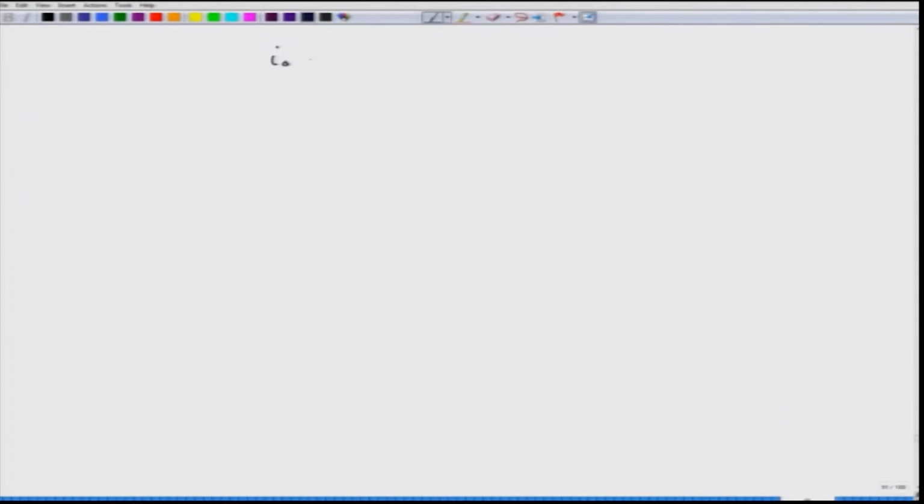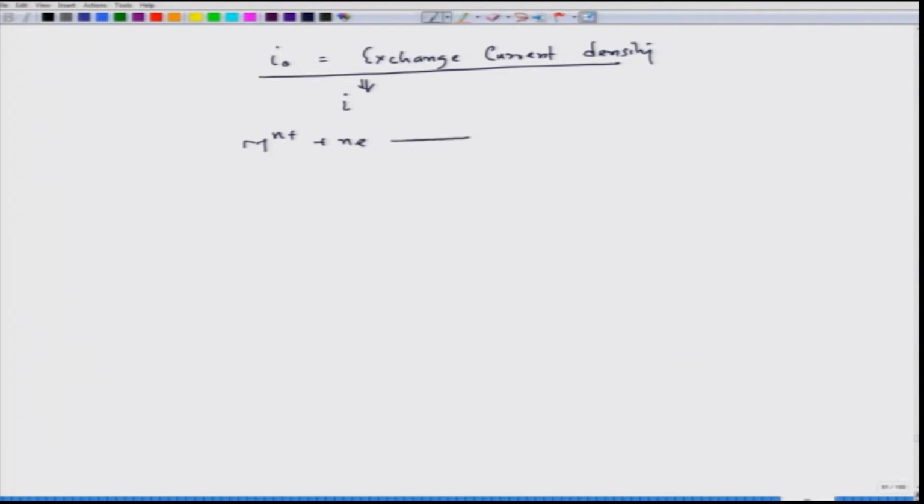We have already started mentioning this particular term I0, which is nothing but exchange current density, and this has a relation with I. Now, if I try to look at this particular reaction, and if it reaches equilibrium, and before it reaches equilibrium, then this is anodic, this is cathodic.